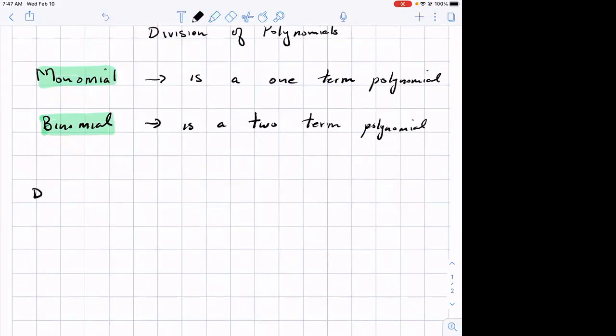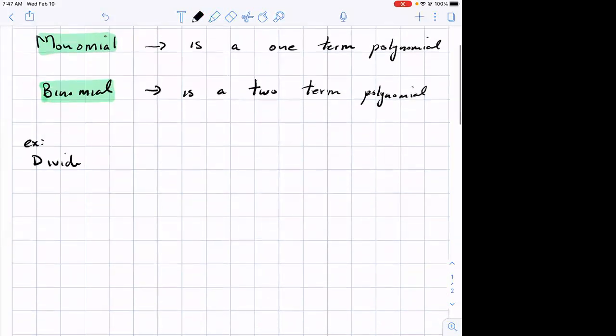Suppose I ask you to divide 25x to the 7th minus 15x to the 5th plus 35x cubed, and we'd like to divide this by 5x squared.